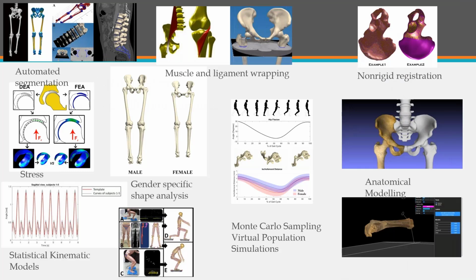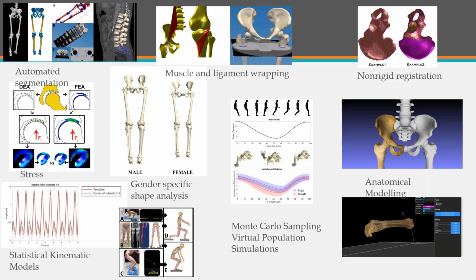Then we're not only looking into musculoskeletal modeling in our research department. We have also been working on automatic segmentation, which is one of the important advances that Professor Emmanuel Audenaert has done.